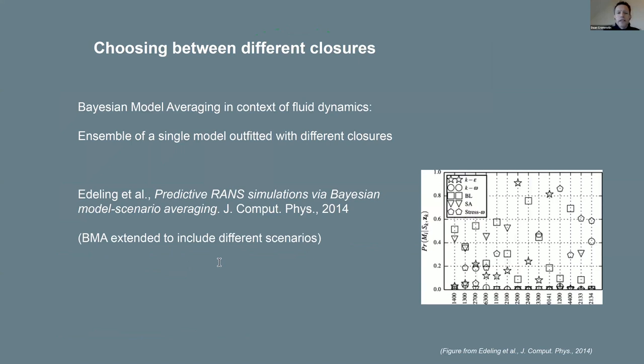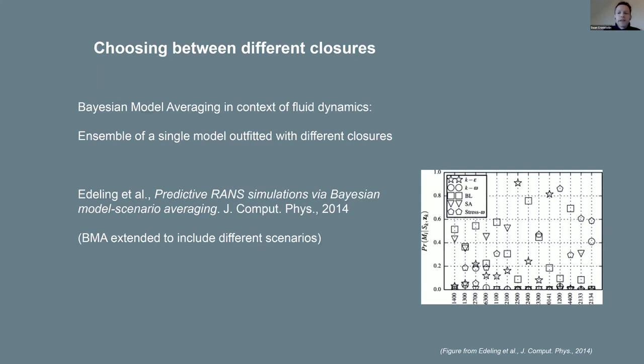So I guess a more systematic approach to compare these different choices between different closures, parameterizations or numerical schemes is to adopt the framework of Bayesian model averaging. This has been done not by myself, but in the context of fluid dynamics by my colleague Wouter Edeling, who already presented here.